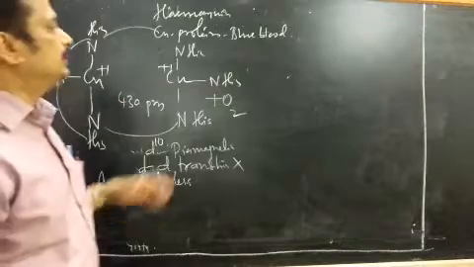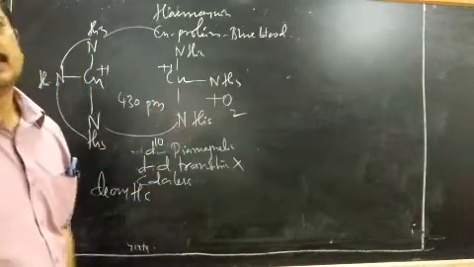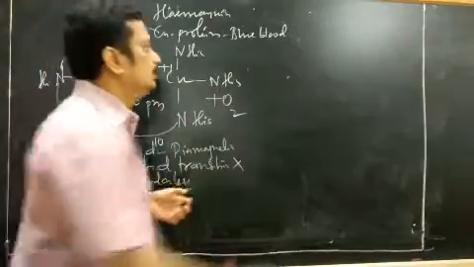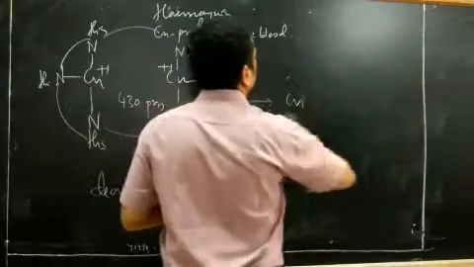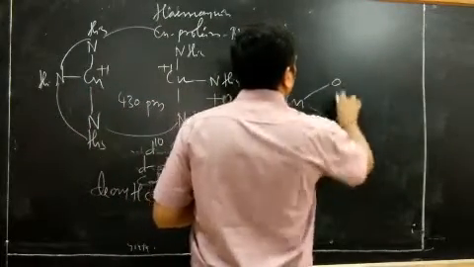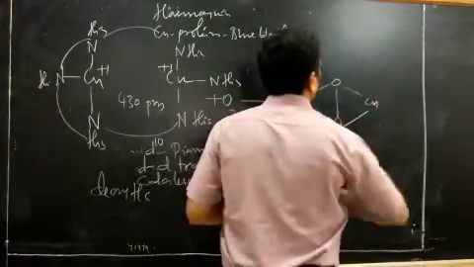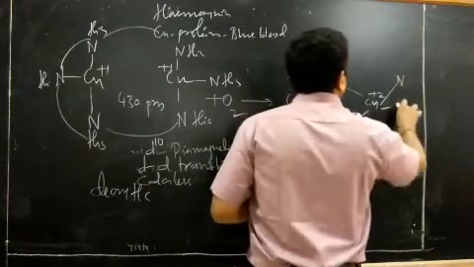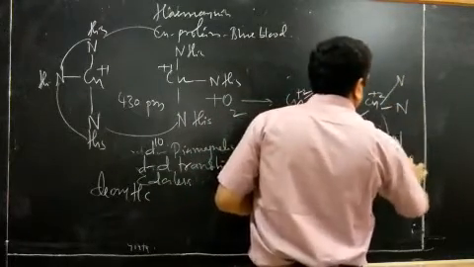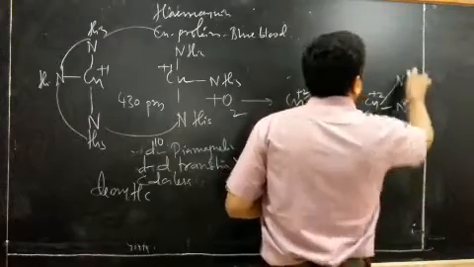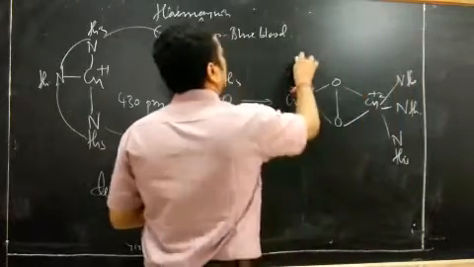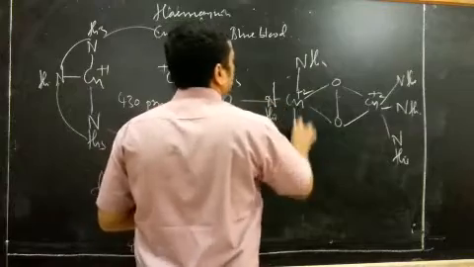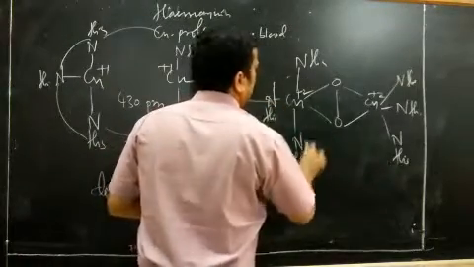Now you will see what happens upon binding with oxygen. This copper is going to change its oxidation state from +1 to +2. This is how they bind oxygen. The copper goes to +2, and similarly the same thing here, with the nitrogen of histidine twisted in again.